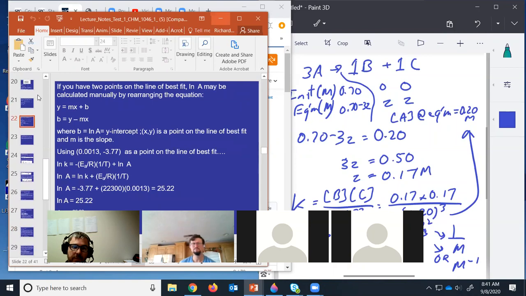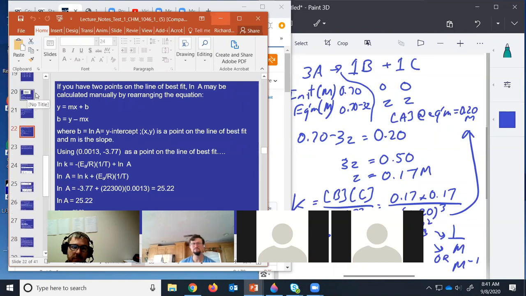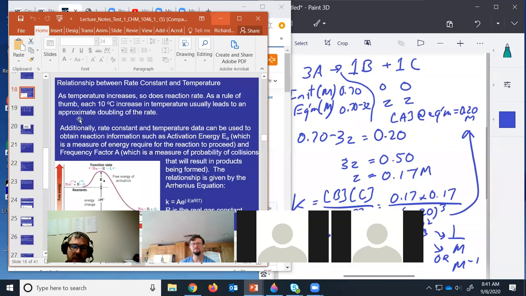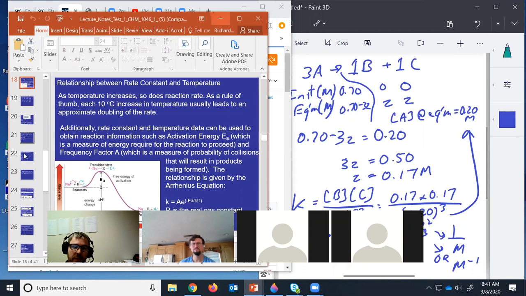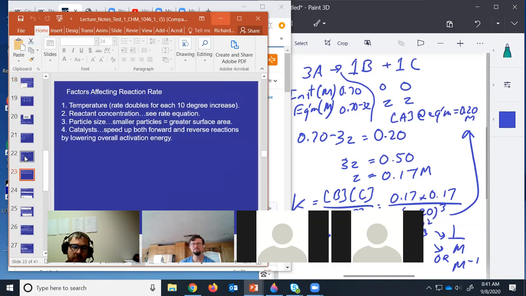There we go. So it starts from here, page 18 on the PowerPoint notes, and goes through to page 23. So page 18 to 23.